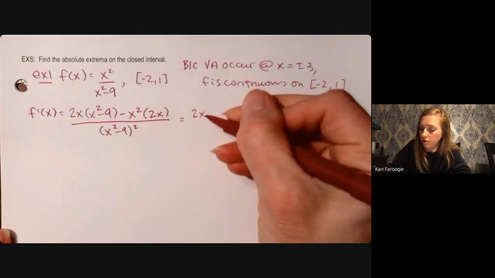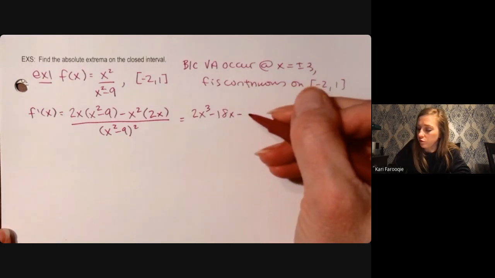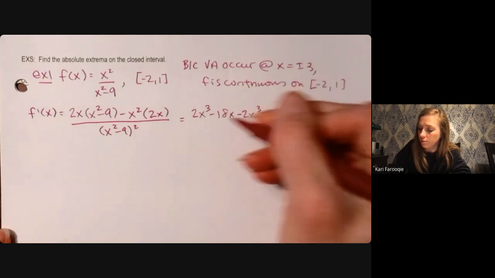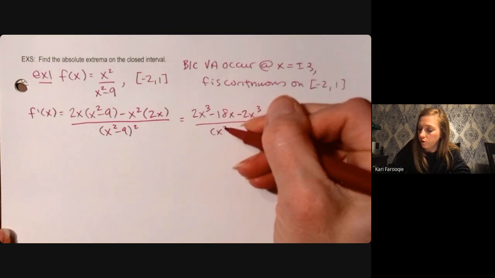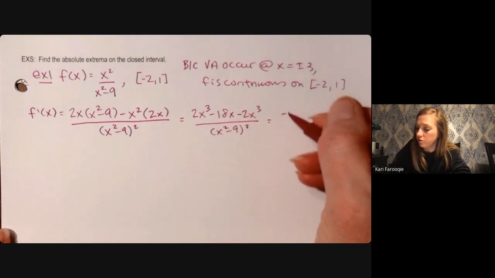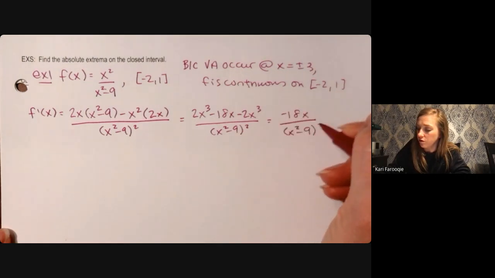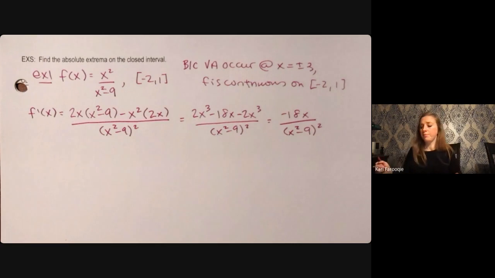So we have 2x cubed minus 18x minus 2x cubed, divided by x squared minus 9 squared, which is negative 18x divided by x squared minus 9 squared. This is our first derivative. We're going to check the first derivative to find our critical numbers.